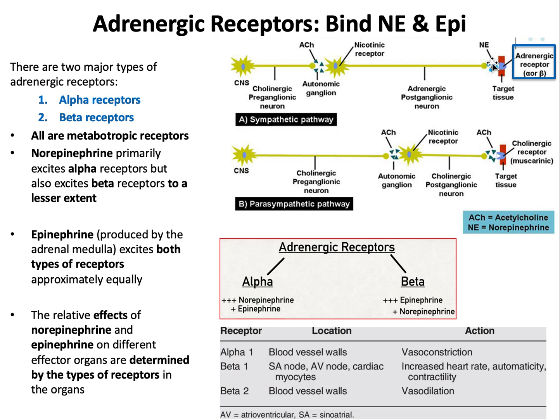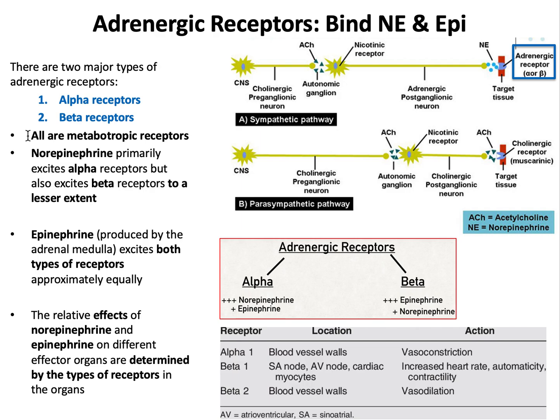Norepinephrine will then bind to either alpha or beta adrenergic receptors on the target tissue. Same thing: depending upon which receptor, alpha or beta, and there's also beta 1 and beta 2, that is present on that target tissue will determine the response at the target tissue.